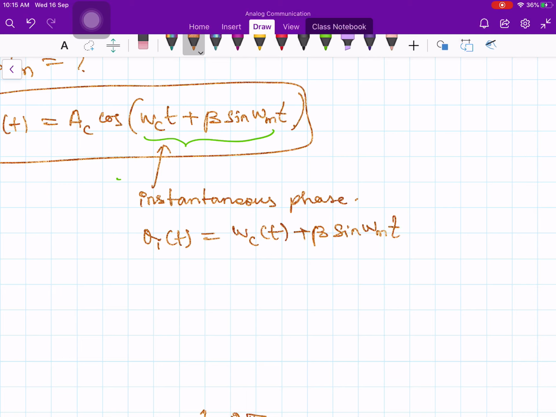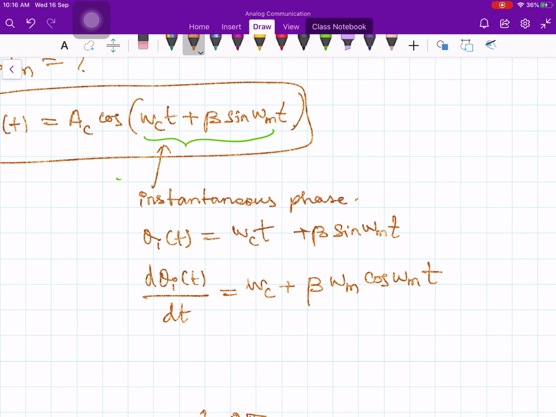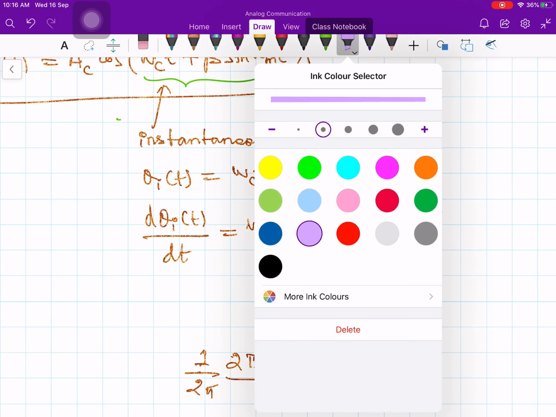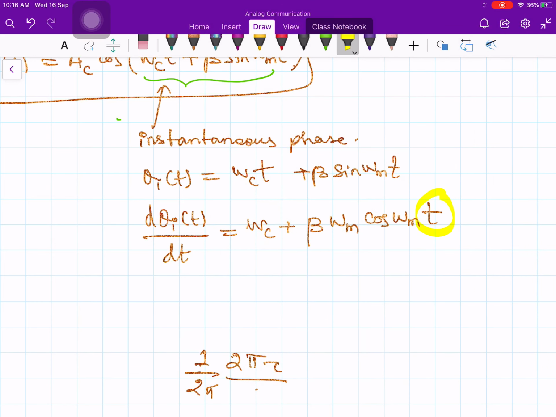Now differentiate. d theta i of t divided by dt is equal to omega c plus beta times omega m times sine becomes cosine omega m t. Again it is a function of time. Here it is a time parameter, so it is theta i of t. That is why, instead of writing theta, we are writing theta i of t.